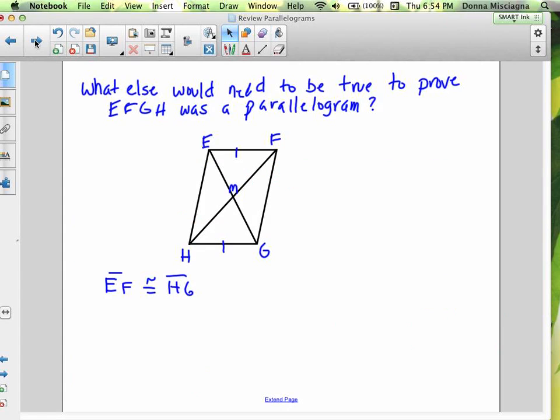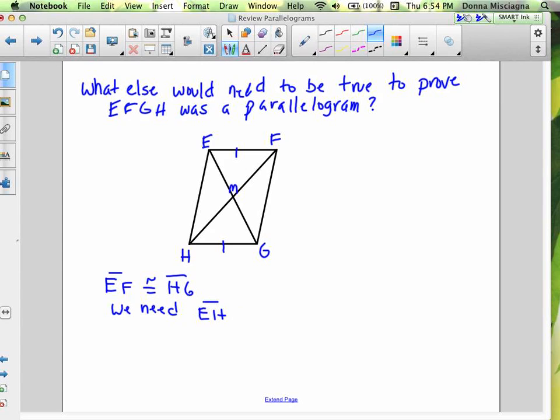So we would need EH to be congruent to GF. And then we would have both pairs of opposite sides of a quad congruent.